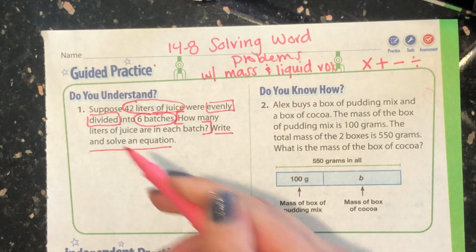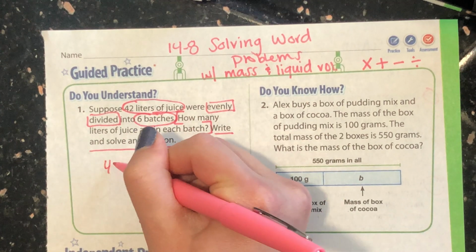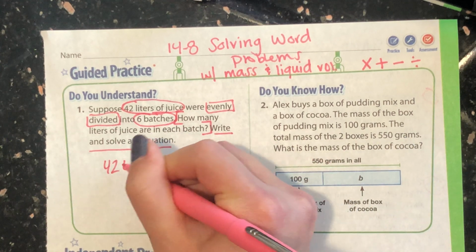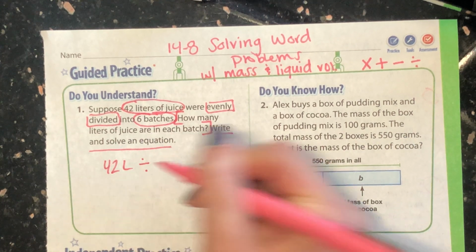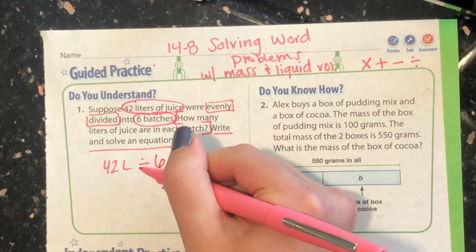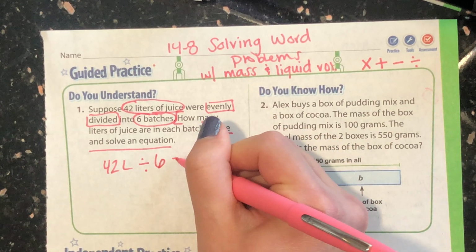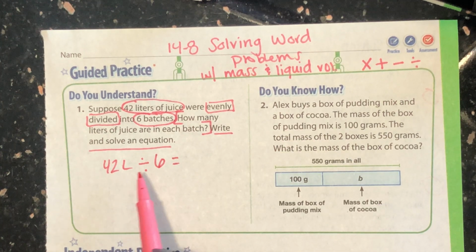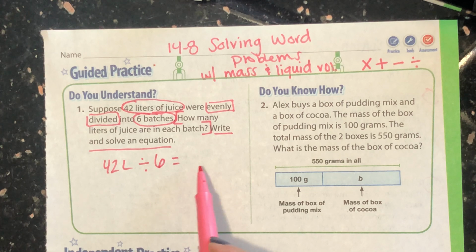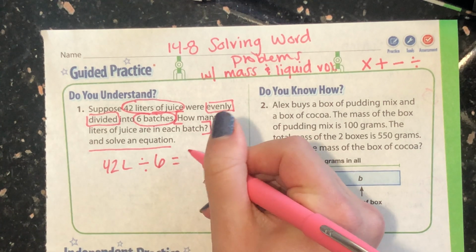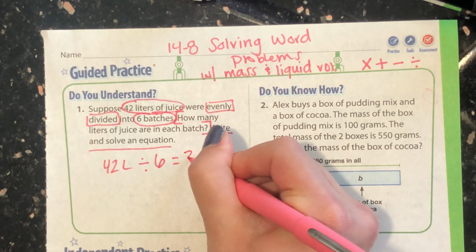First, I have 42 liters of juice, and I know that they're going to be evenly divided. So I know I'm going to have 42 liters divided into 6 batches. That means my equation is going to be 42 divided by 6 equals, and I have to write an equation. An equation has 2 parts and something on the other side of the equal sign. When we don't know, in class we've been used to writing a question mark here.